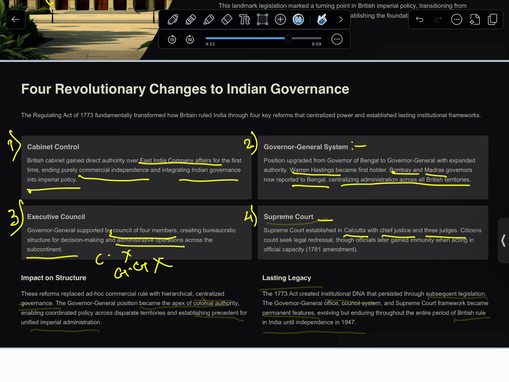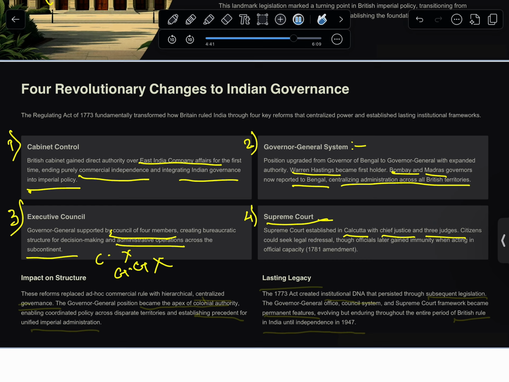The Supreme Court's boundaries had not been decided, which led to various conflicts, and its jurisdiction was also not decided, that is, whether it was limited to the British territories or could expand.